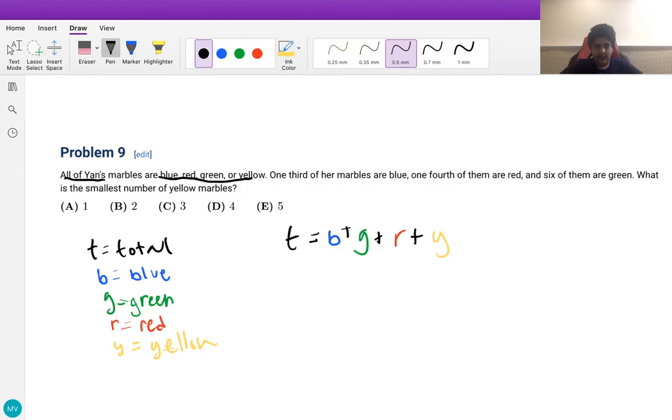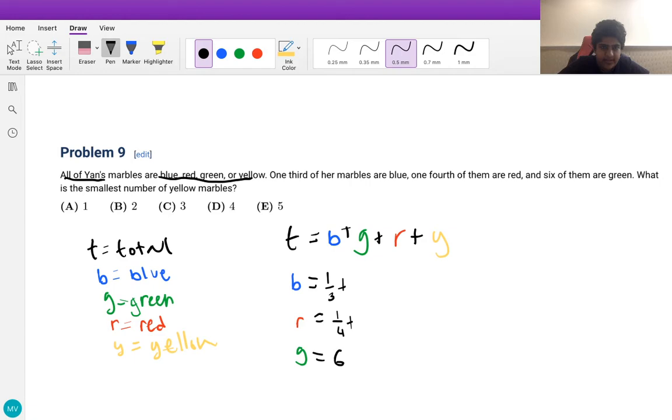So that's the first equation they give. We also know that 1/3 of the marbles are blue. So B is equal to 1/3 T. 1/4 are red. So we know that R is going to be equal to 1/4 T. And G, which is green, is simply equal to 6.